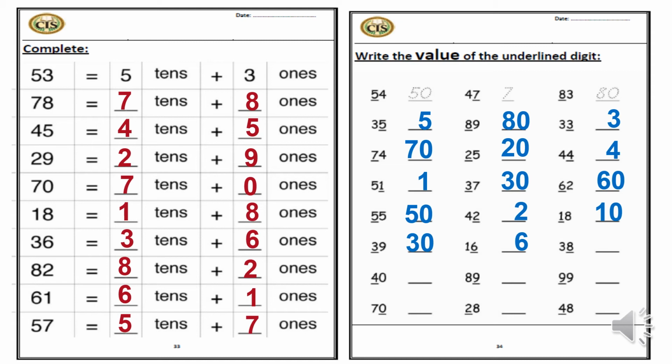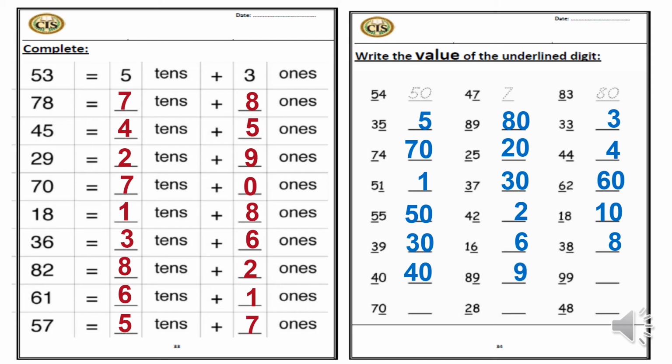We have here 38, so 8 here in ones place, so its value equals 8. We have here number 40, 4 here in tens place, so its value equals 40 because in tens we put a 0. We have here number 89, so here 9 in ones place, its value equals 9.